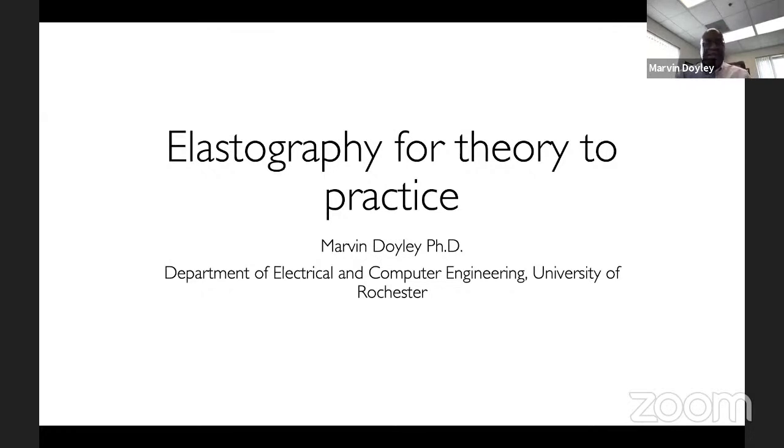So as Sai said, I'm going to talk about elastography. I'm going to take a tour of elastography, and I'm going to focus mainly on the computational aspect of elastography, since I think that would be more relevant for this audience. And I'm going to divide my talk into 3 main areas. So first, I'll just give you a background into why we do elastography.